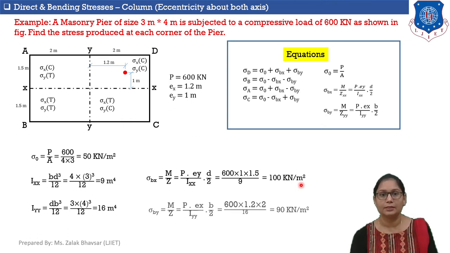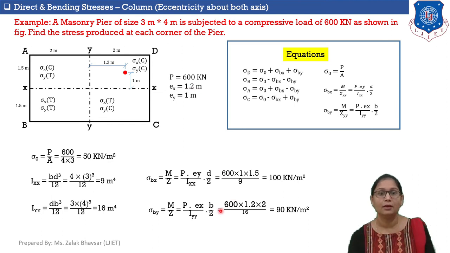Now let's calculate sigma By. Sigma By is the bending stresses developed in y direction, which is equal to M upon Z, which is P into Ex upon Iyy into b by 2. Okay, equation we already discussed in previous sessions. So let's put value of P in this equation. So value of P, which is given, 600.